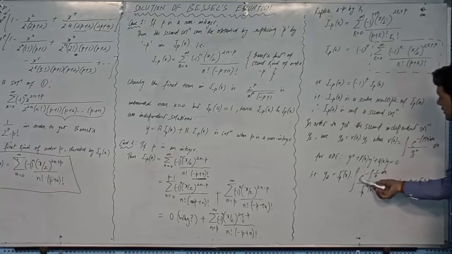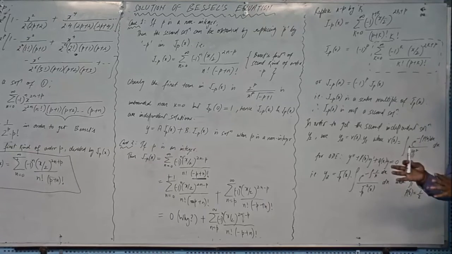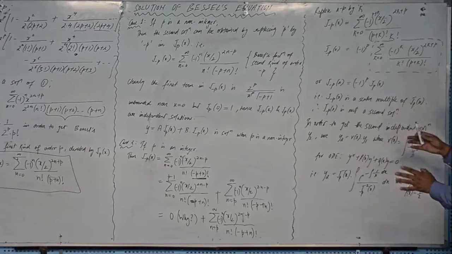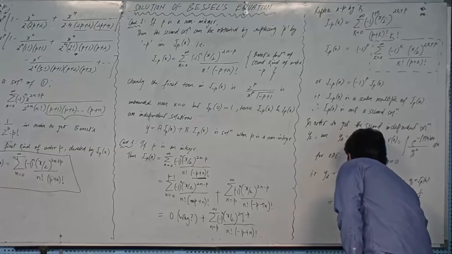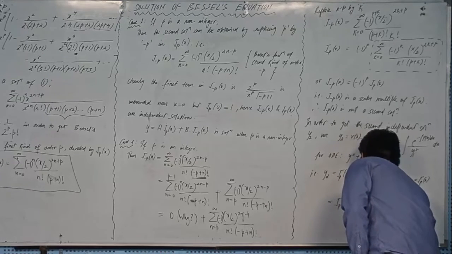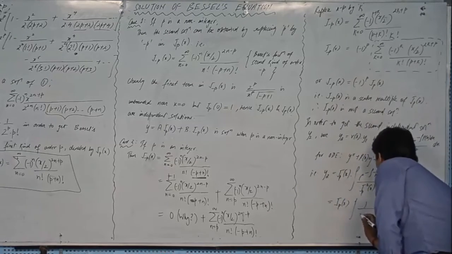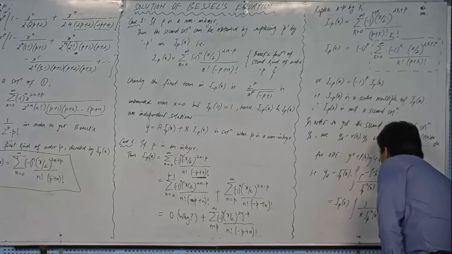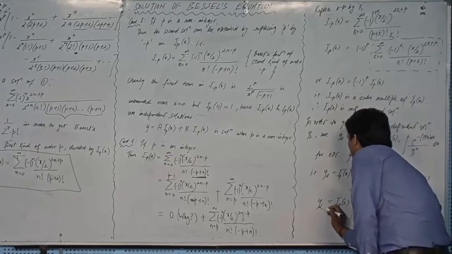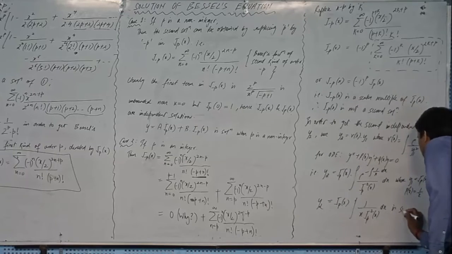Now it remains to integrate this. You can see that the integration of 1 upon x is log x, and that will go in the power, then 1 by x. Ultimately I will get J_p(x) times the integral of 1 over x multiplied with J_p square x dx. This is y2, your second solution.